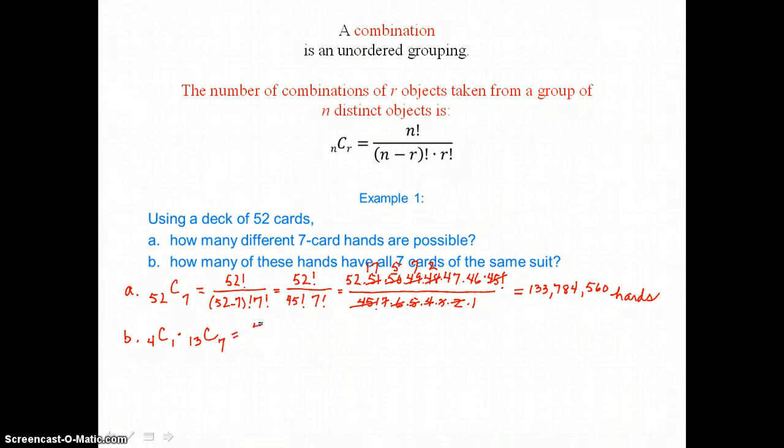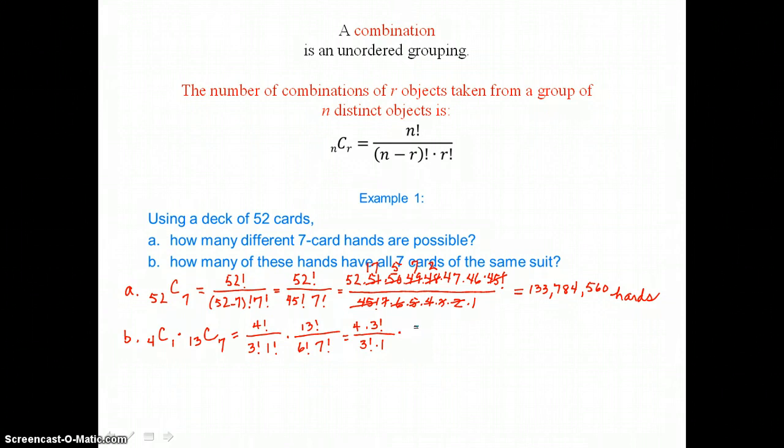And now let's write those combinations. 4 factorial over 4 take away 1, which is 3 factorial, 1 factorial, times 13 factorial over 13 take away 7, that's 6 factorial, 7 factorial. Okay, and expanding, we have 4 times 3 factorial. Stop there because I have 3 factorial in the denominator. 1 factorial is just 1.